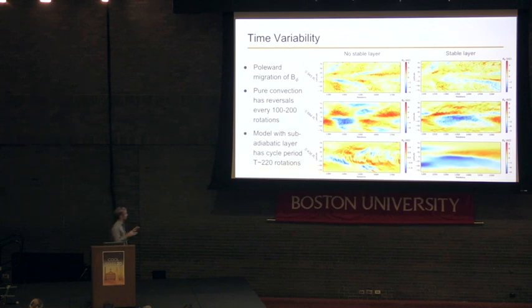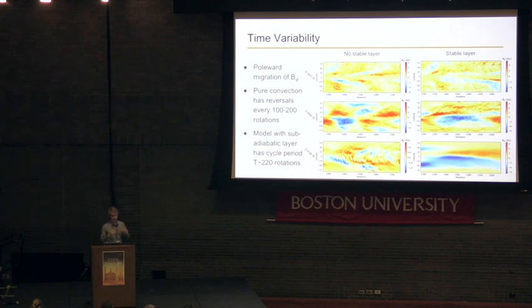But the most interesting row here is in the middle, of course, where the wreaths are located. And we see reversals: the simulation with no tachocline sees reversals every 100 to 200 rotations. It's not overly periodic. The length does change, as you can see in this small cutout of it.